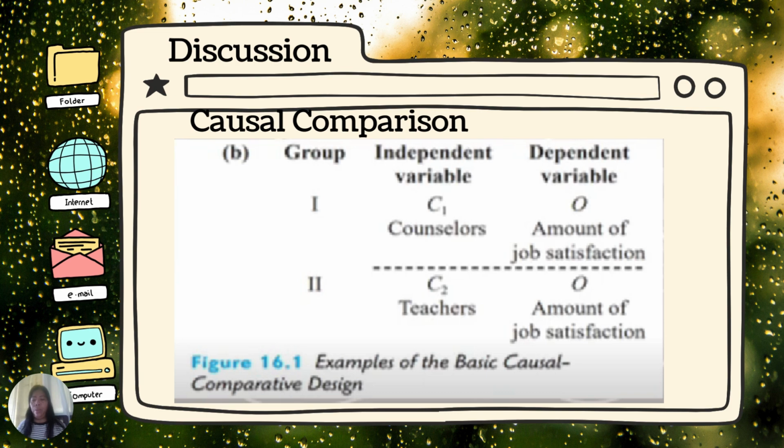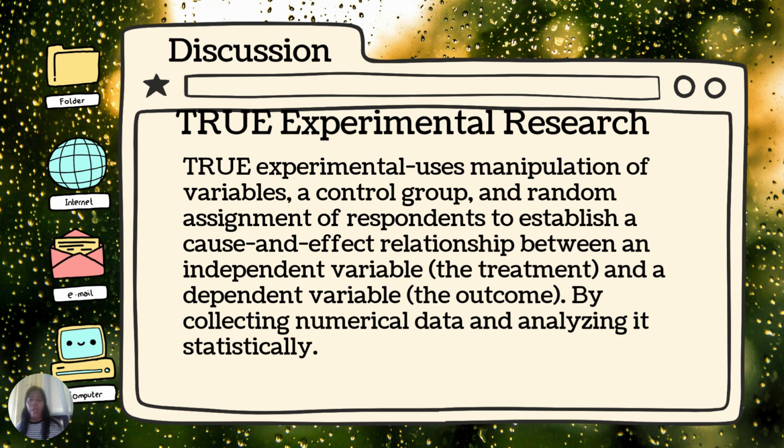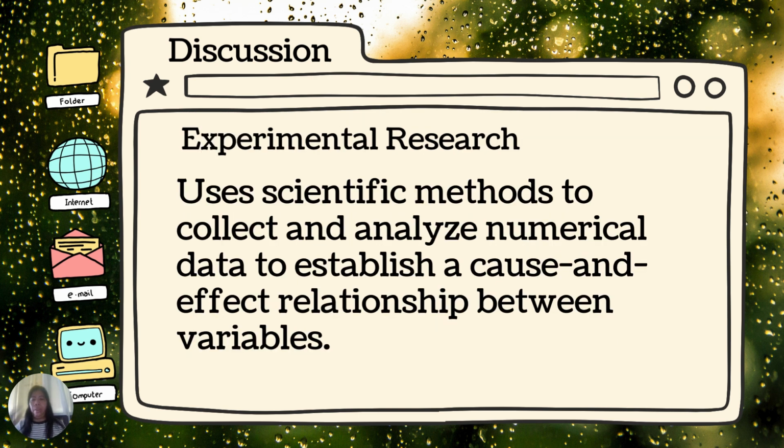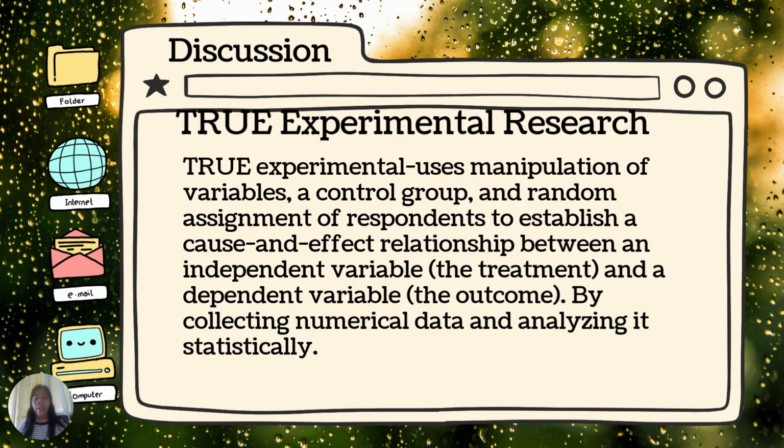Okay. The next one is all about the experimental research. The experimental research uses scientific method to collect and analyze numerical data to establish a cause and effect relationship between variables. And it entails two types, the true experimental and the quasi. Let's go first to the true experimental.